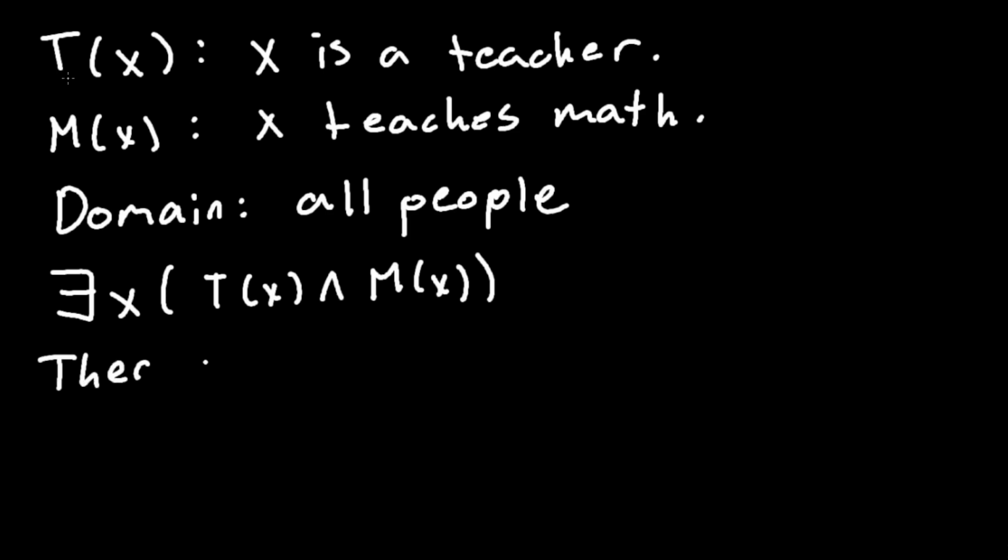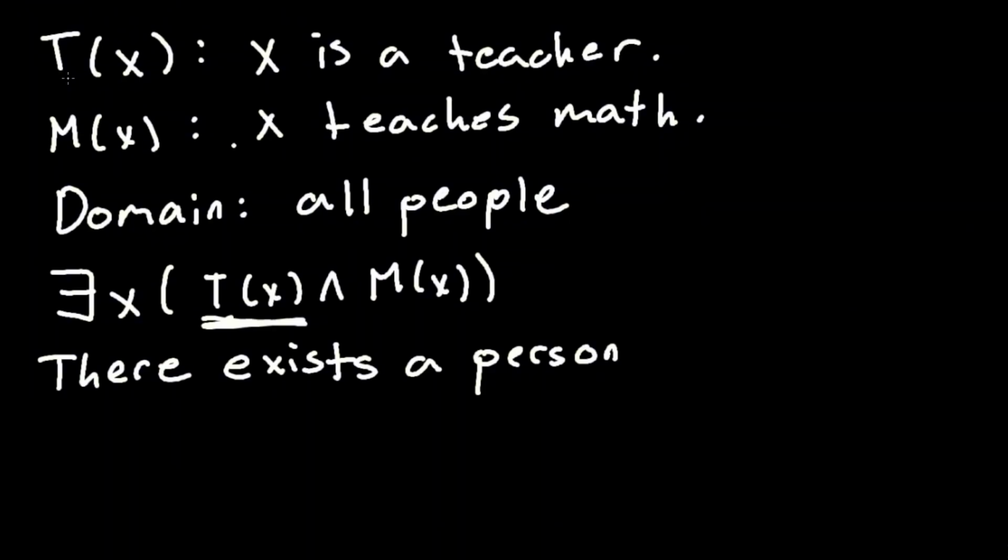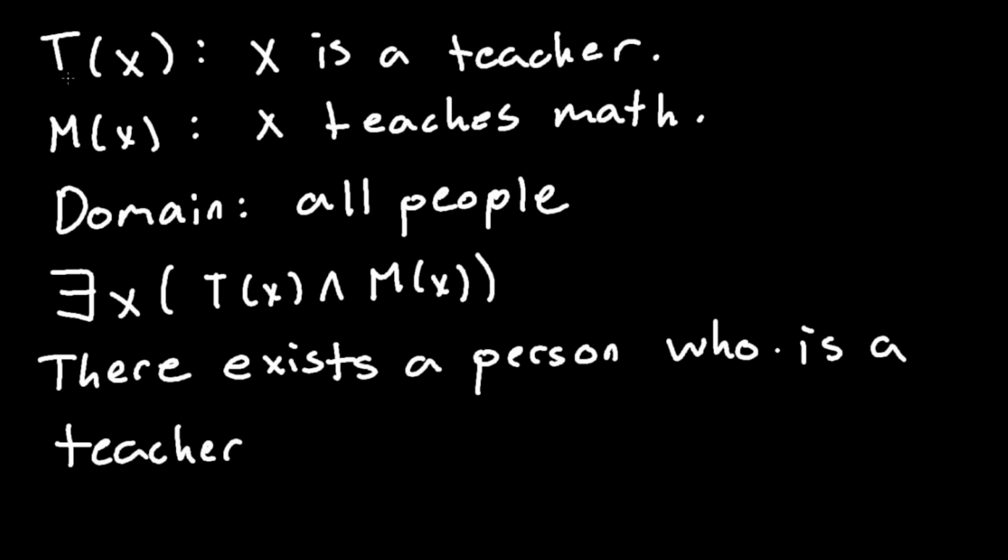Let's start off the sentence with there exists a person who is a teacher. So we have teacher here, and teaches math. Okay, I just gave you the answer there. There exists a person who is a teacher.